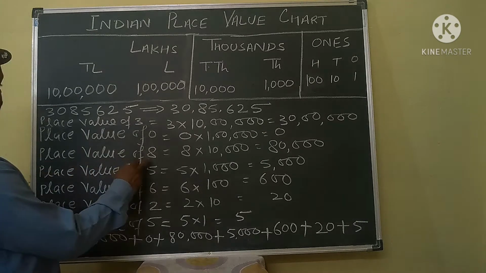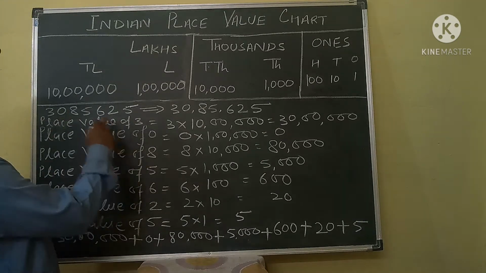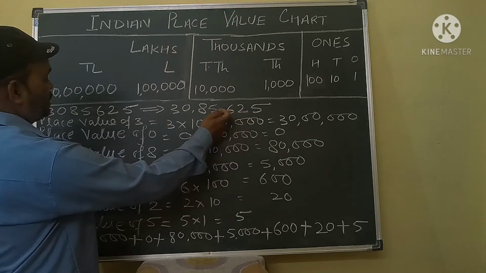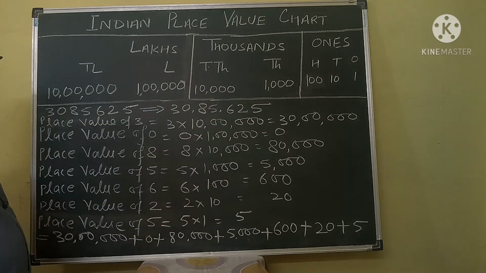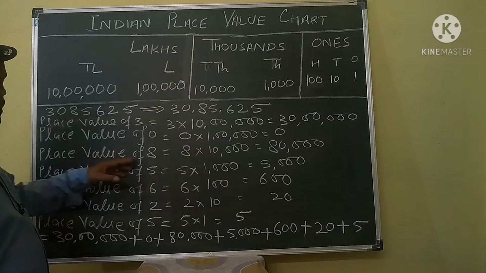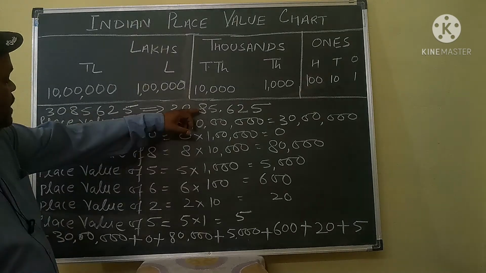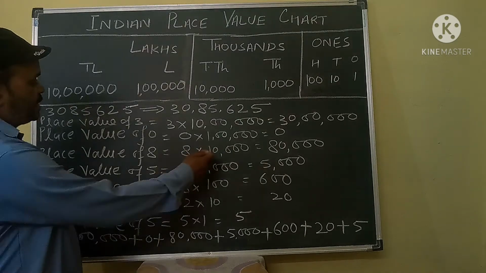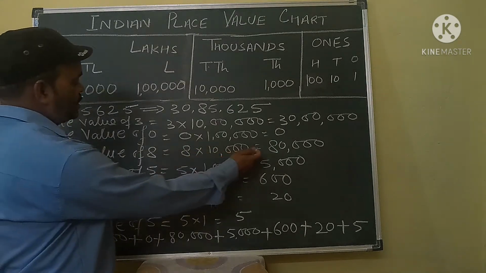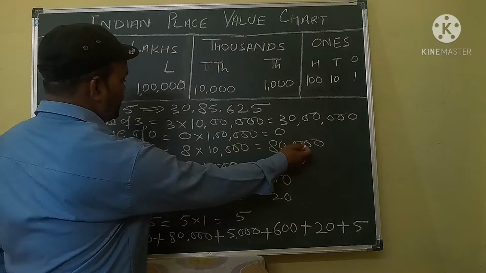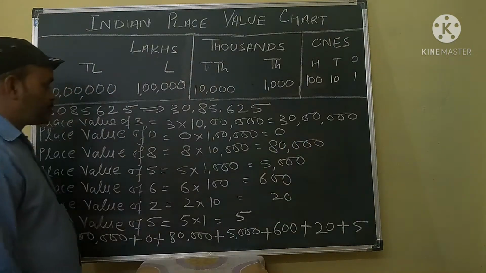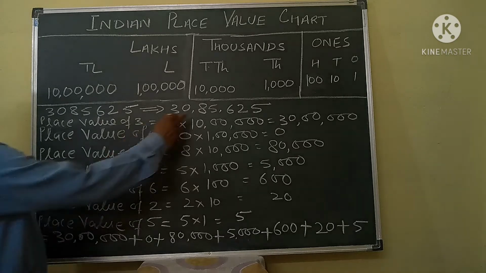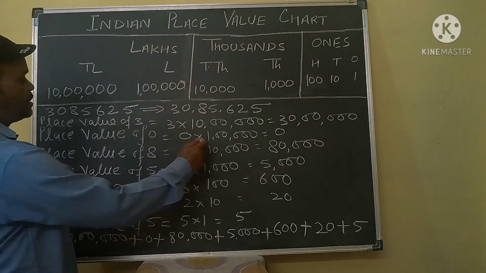The place value of 8: 8 is in which place? Ones, tens, hundred, thousand, 10,000. 8 is in 10,000 place. So 8 into 10,000 gives 80,000. Again, this 5 is in which place?